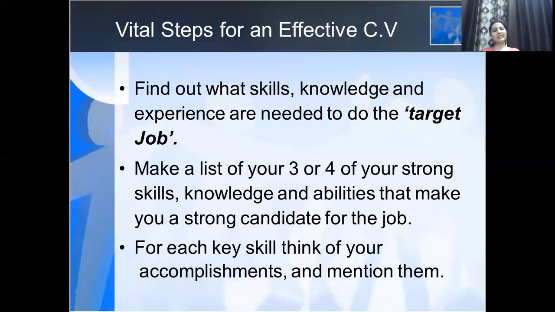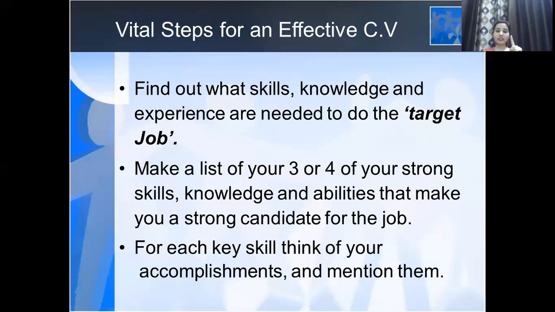Vital steps for an effective CV are really important. First you need to find out what skills, knowledge and experience are needed to do the target job. As we took the example just now, the job of a sales manager, you need to find out what kind of skills are required, and what kind of knowledge and experience the employer is looking for in the sales manager job profile.